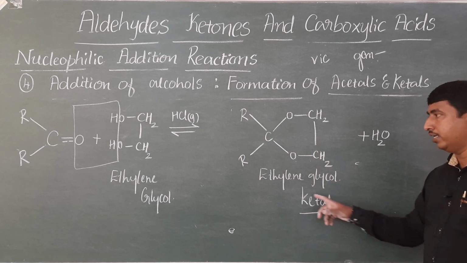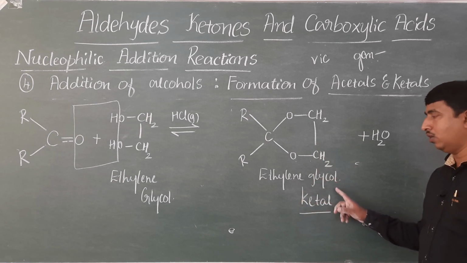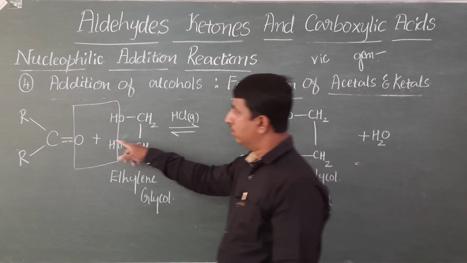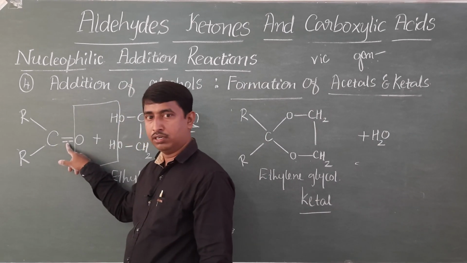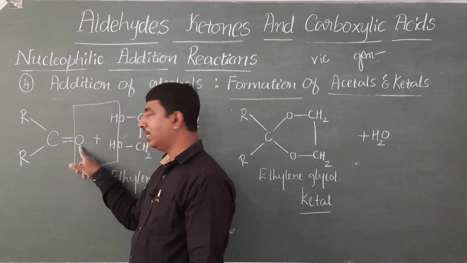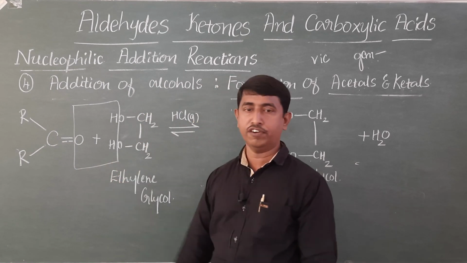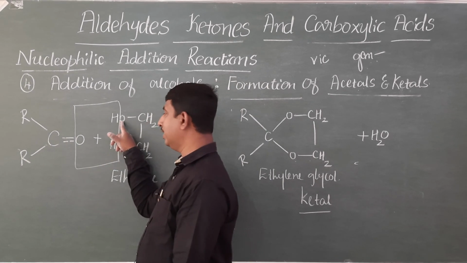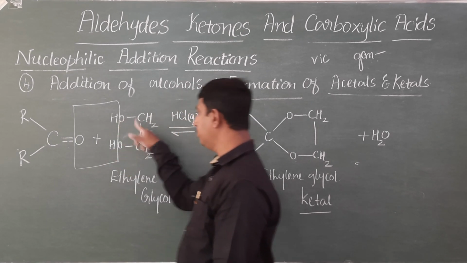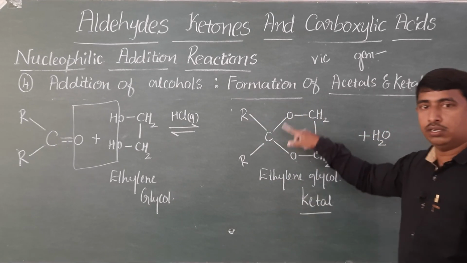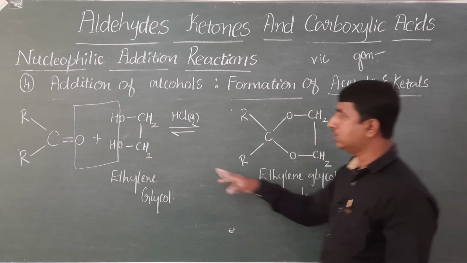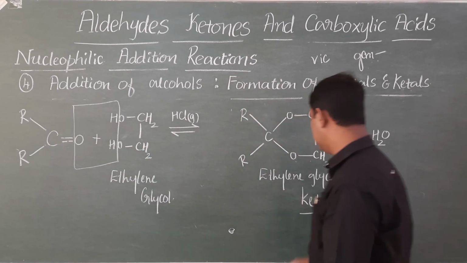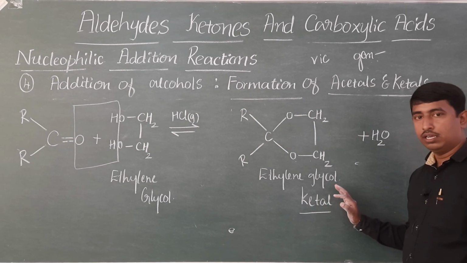That cyclic ketal is called as ethylene glycol ketal. Write the structure correctly. Don't write the double bond here, because the double bonded oxygen is removed in the form of water. So we have to complete these two bonds by writing single bonds with the remaining two oxygen atoms. Remaining thing is same. CH2 single bond CH2 single bond O. This is ethylene glycol ketal.